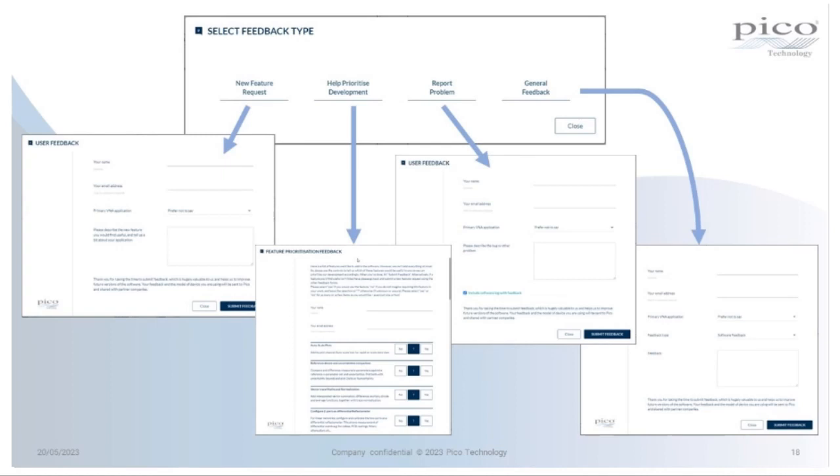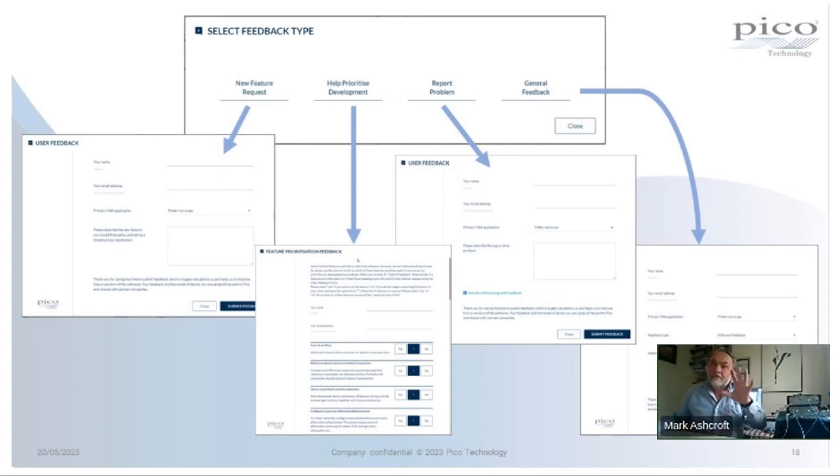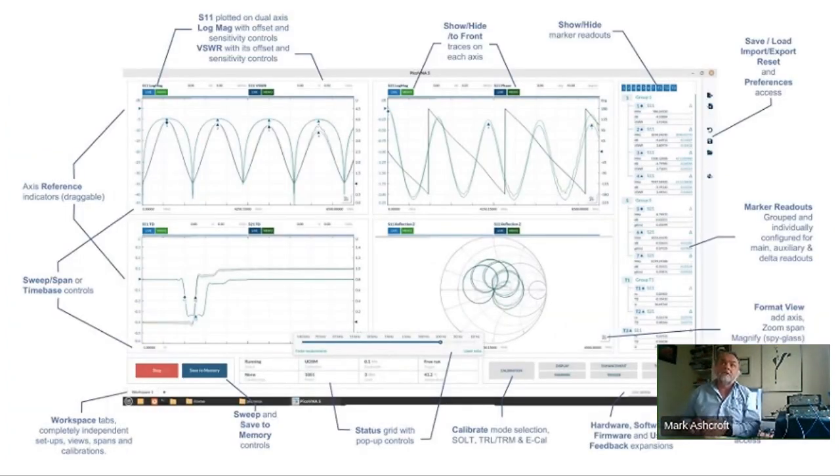They're all listed in the feedback forms there, and the customer can prioritize those for us. What do they need to be done most quickly? That's what we need. We want feedback from you directly to the design team, such that we can move this software forward as quickly as possible and in a customer-driven fashion.